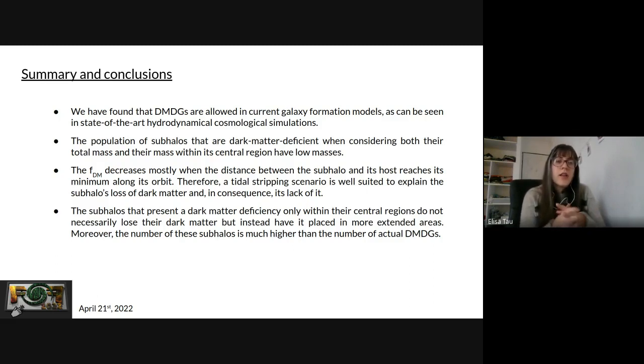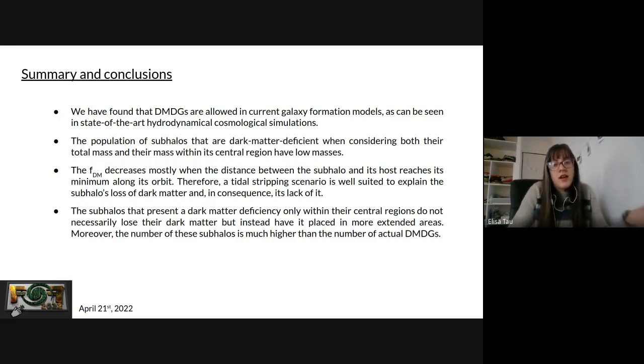And the dark matter fraction decreases mostly when the distance between the subhalo and the host halo is at its minimum along its orbit. So a tidal stripping scenario is well suited to explain this behavior.